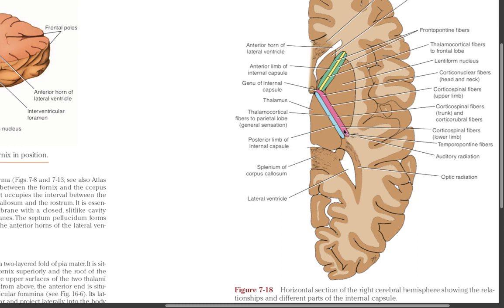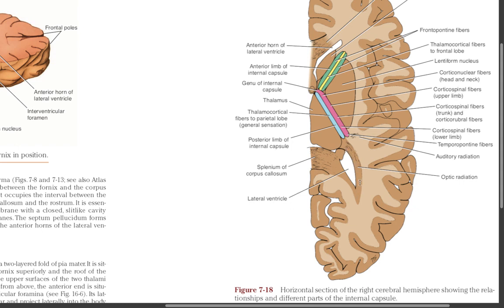So we do not just have the anterior and posterior limb, we have the retrolenticular limb that is located posteriorly to the lentiform and laterally to the thalamus. This retrolenticular limb gives the beginning and origination of the optic radiation. It looks like the teeth in here.